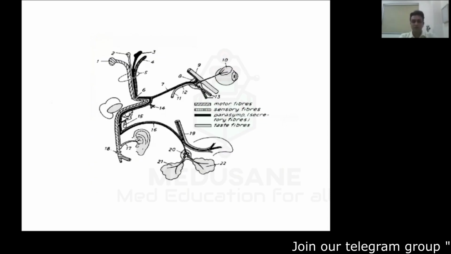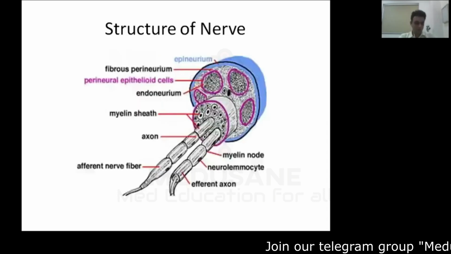This diagram is to show the composition of the facial nerve. So a cranial nerve, or any nerve in our body for that matter, has a composition or structure in the form of axons. Then there is a myelin sheath that surrounds the axons.